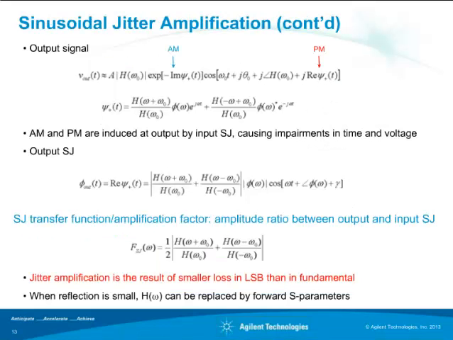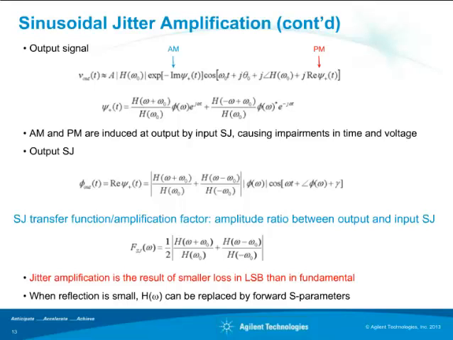As you can see here, if you make the transfer function of H flat over a certain range of frequency, this jitter transfer function is actually equal to 1, so there's no amplification. That's actually how the equalizers work.